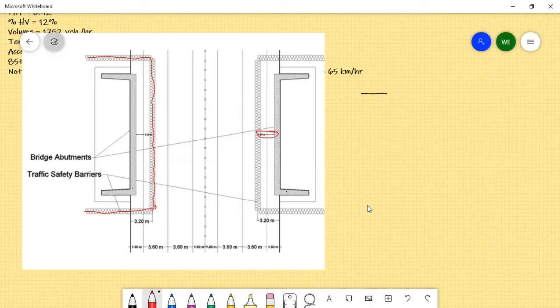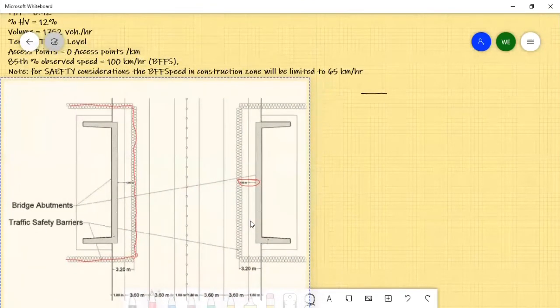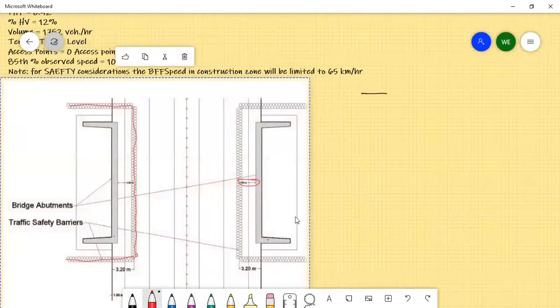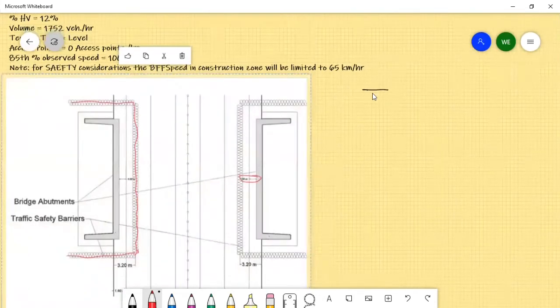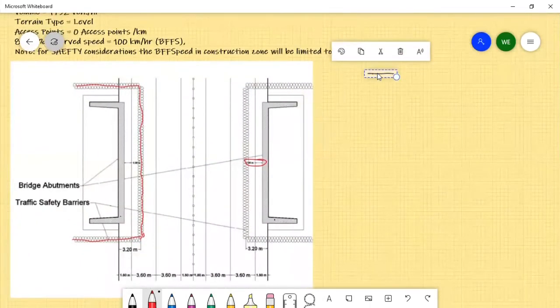Now we want to determine how we are going to construct this. Shall we construct the 2 abutments at the same time, or 1 abutment at a time? Because that makes a difference.